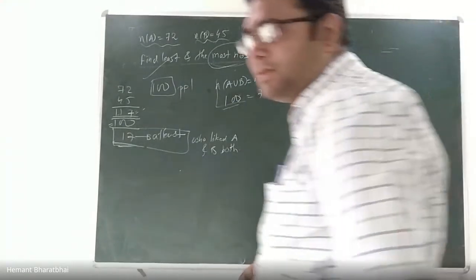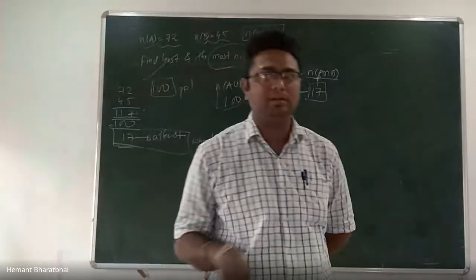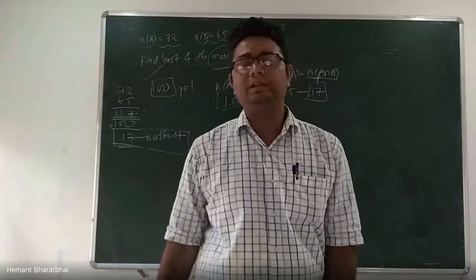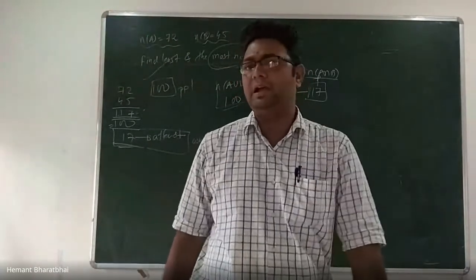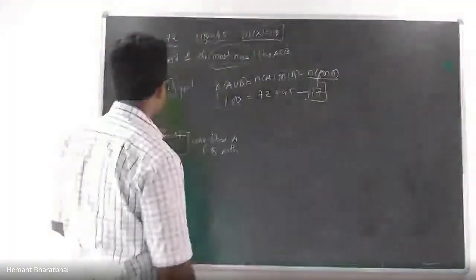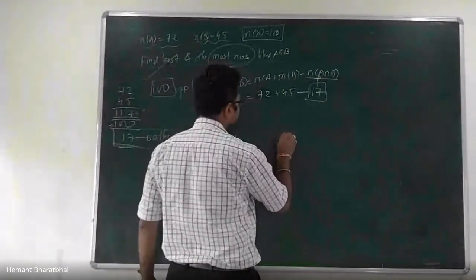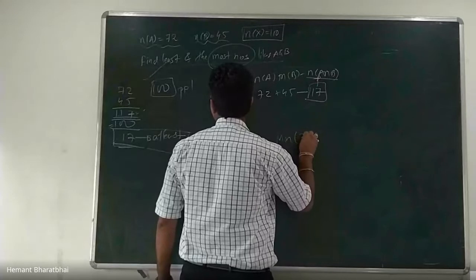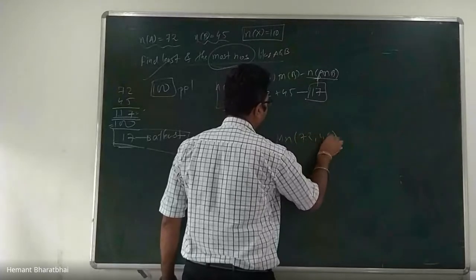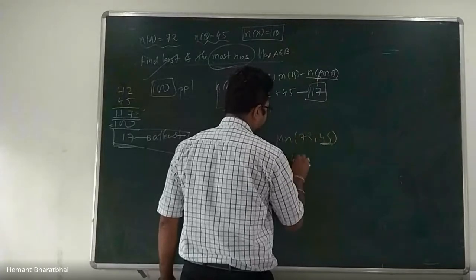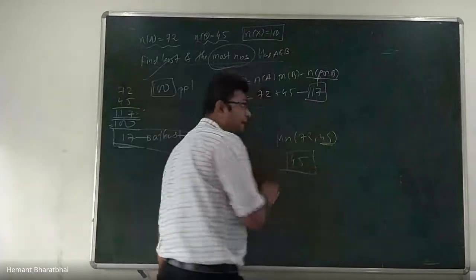Most number means maximum possible number who must have liked product A also and liked B also. So it is obviously the minimum of 72 and 45, which is nothing but 45. Why?